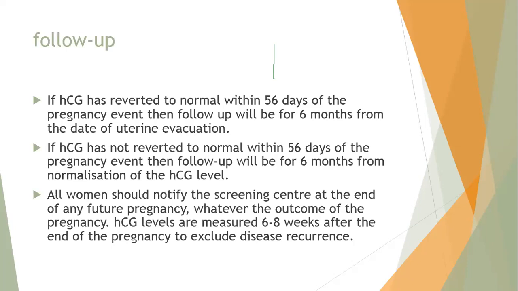If it is normalized within 56 days, we will follow up for 6 months, but from what? From the termination or from the uterine evacuation. If not normalized within 56 days, we will follow up for 6 months from the date of normalization. Okay.